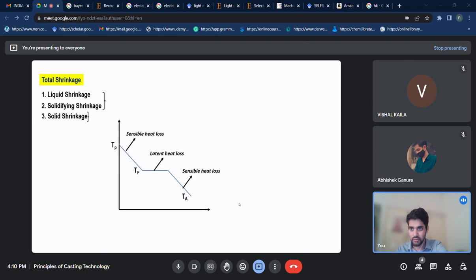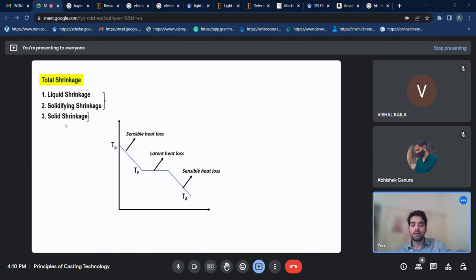And in the theory, it was defined that there are three types of shrinkages. One is the liquid shrinkage, another is the solidifying shrinkage, and the third one is the solid shrinkage. The liquid shrinkage is the contraction that occurs when the liquid metal or alloy temperature falls from the pouring temperature to the liquidus temperature.